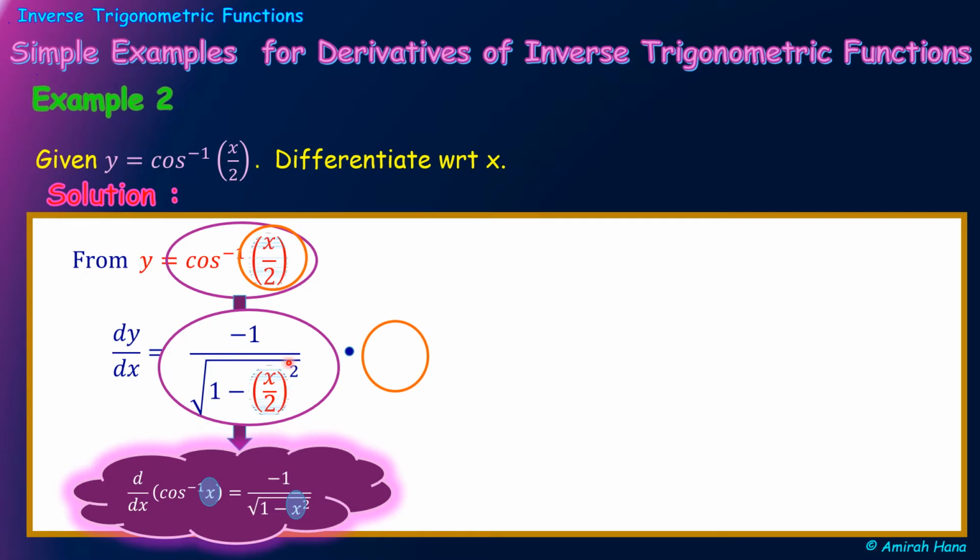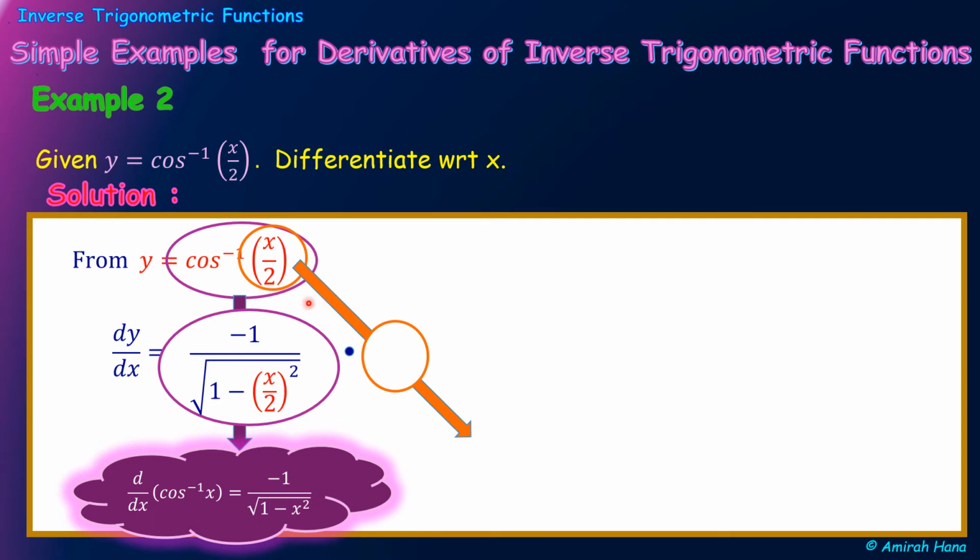So when we differentiate inverse cos x over 2, we can replace here. Now our x equals x over 2. So we get -1 over square root of 1 minus, and then we replace x with x over 2, squared.